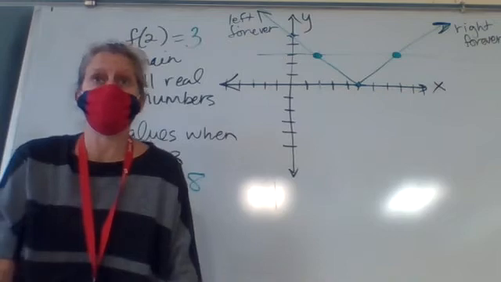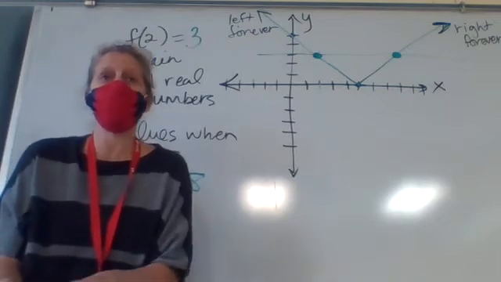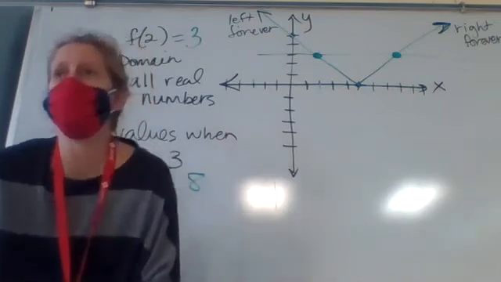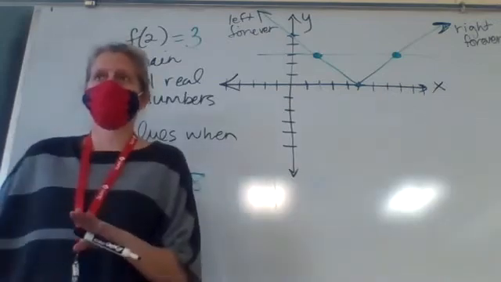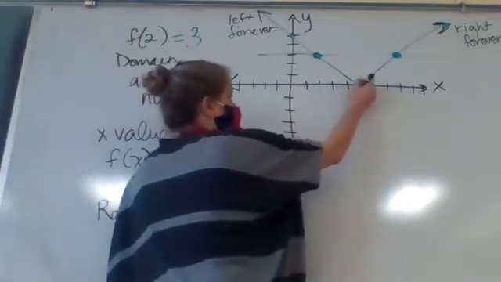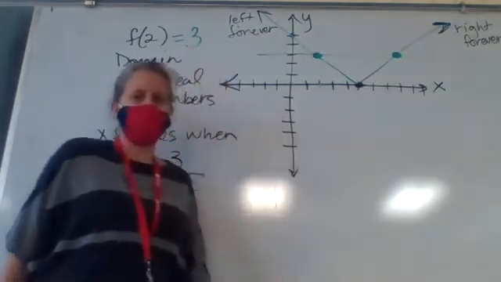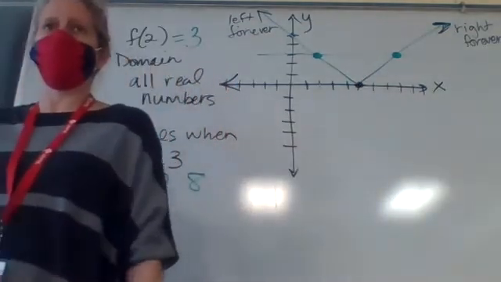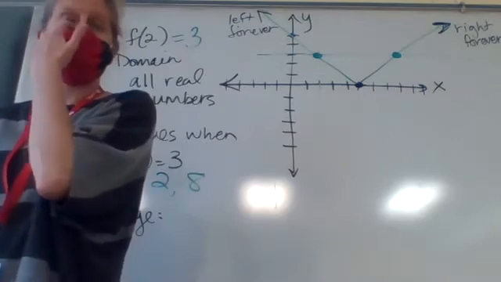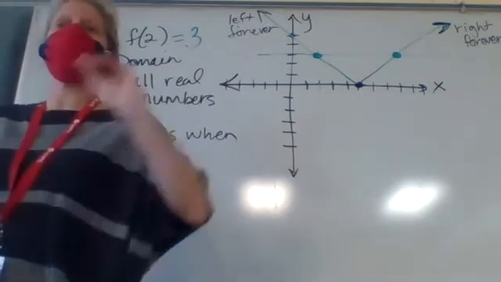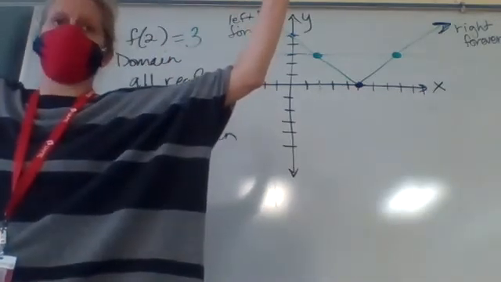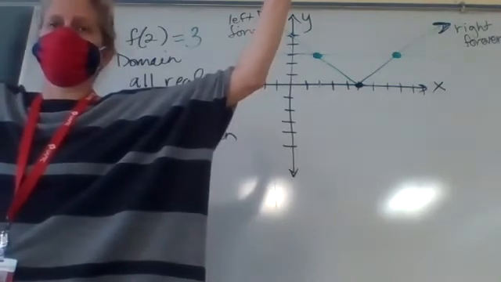This graph has a bottom. There is a point on this graph where there is no shape below it. This point right here, right? Does that V ever go below that point? No. It is only above or greater than that point.